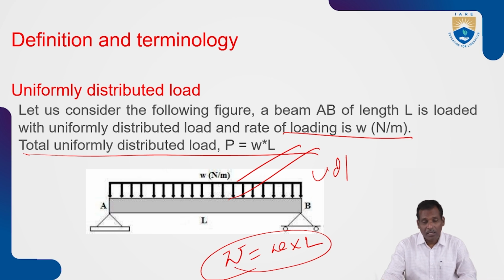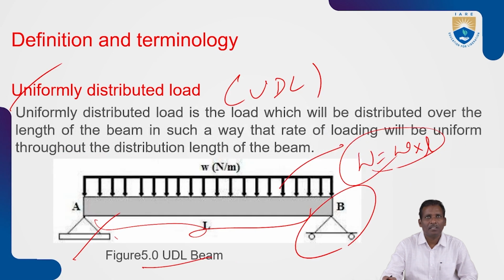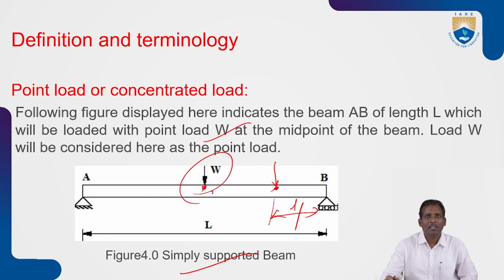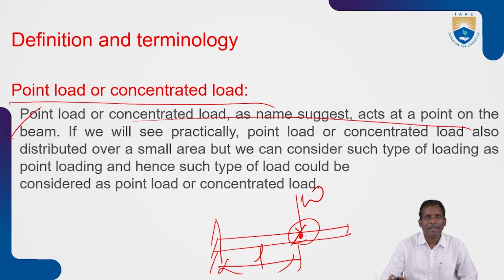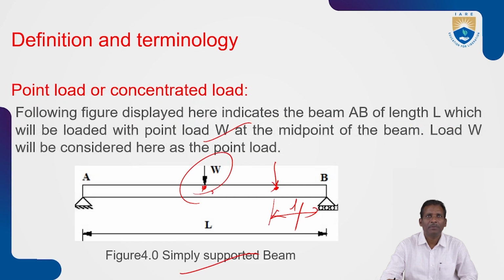So these are the main types of loads. In this terminology session related to shear force and bending moment, we have discussed various beams, various types of loads, various types of end supports, and then shear force and bending moment.